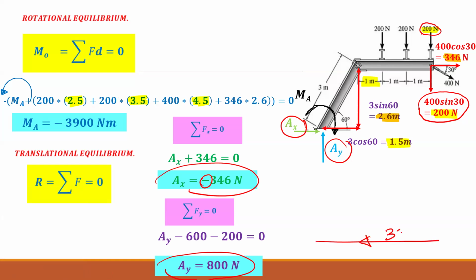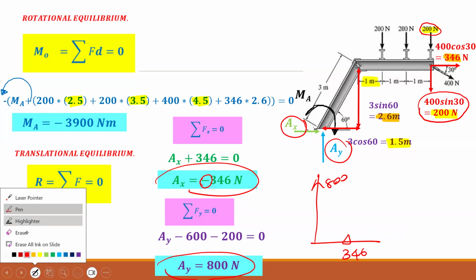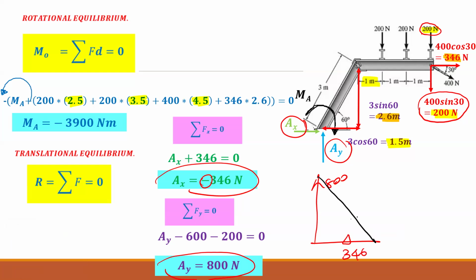It is 346 this way. And this is 800 upward. Now we need to find this, start to end, this resultant. So what is the resultant?